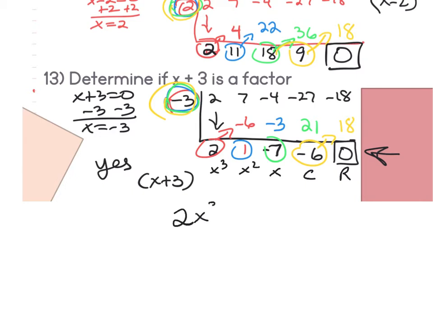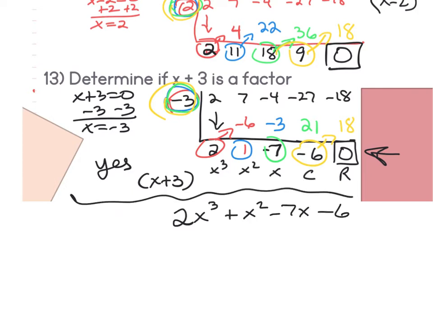So now I have 2x cubed plus x squared minus 7x minus 6. So this is my function now. I can't factor it yet. It is a 4-term polynomial, but I can't factor by grouping here. So I need to do another synthetic division problem with another factor to bring it down 1 more degree to an x squared.